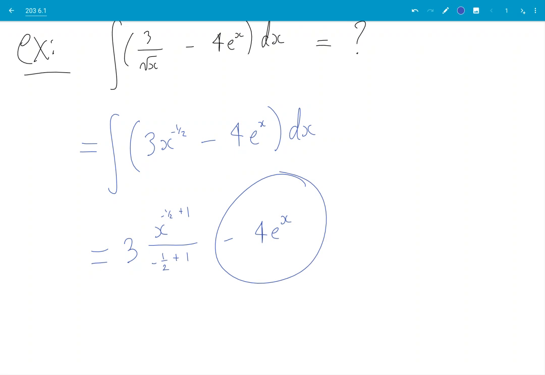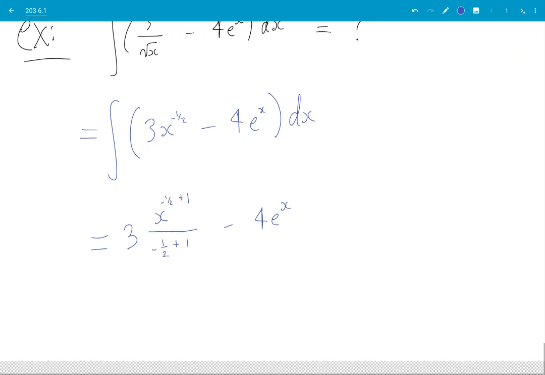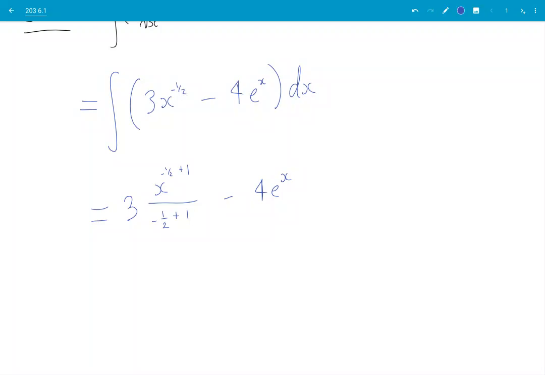Second term doesn't change. So I get 3 times x to the 1/2 all divided by 1/2, minus 4e^x, which is 6 x to the 1/2 minus 4e^x, and then I'll throw my plus c in now that I'm done.